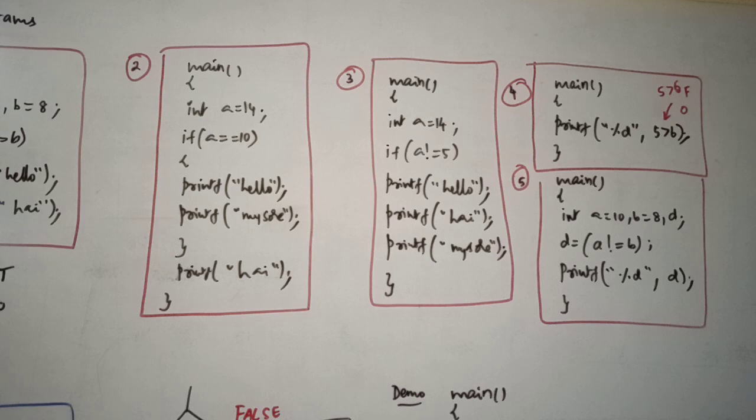What is the condition? A is equal to 10. Is the condition true? 14 equal to 10 is true? No. 14 equal to 10 is false. So no statements will be executed, but printf hi has nothing to do with the syntax. It is just outside. So you get hi.